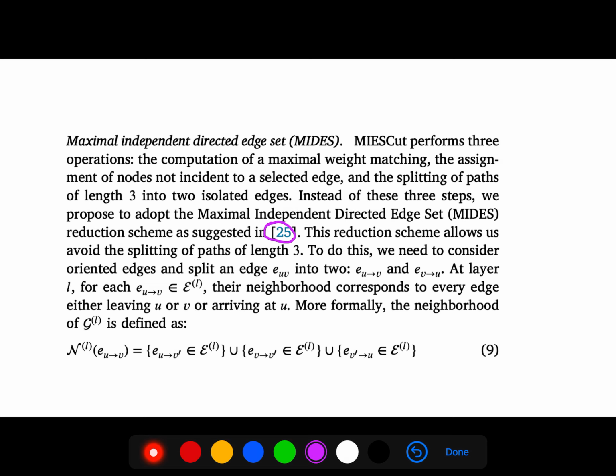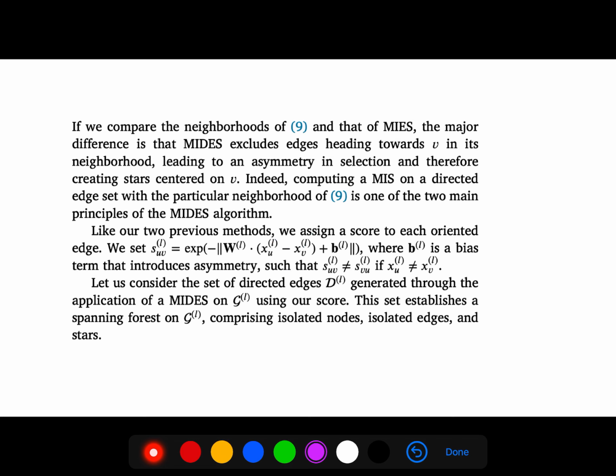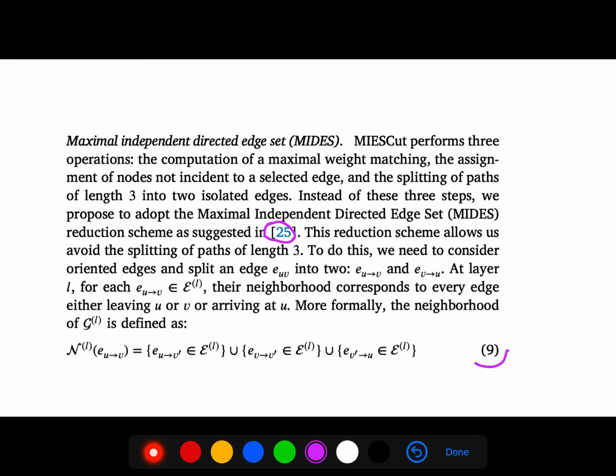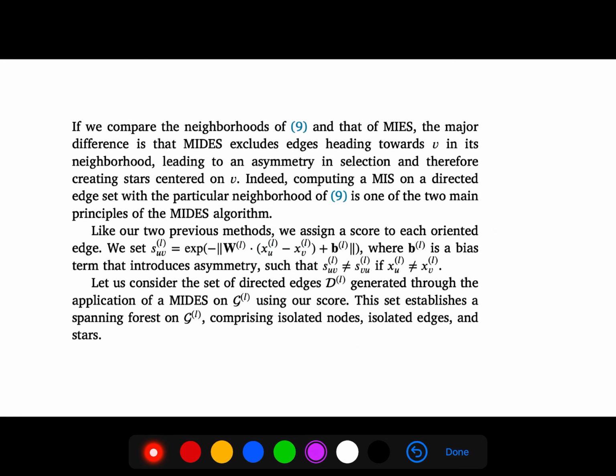At layer L, for each edge, the neighborhood corresponds to every edge either leaving U or V or arriving at U. So if we compare this neighborhood with that of MIES, the major difference is that MIDES excludes edges heading towards V in its neighborhood, leading to an asymmetry in selection and therefore creating stars centered on V. Indeed, computing a MIS on a directed edge set with a particular neighborhood is one of the two main principles of the MIDES algorithm.